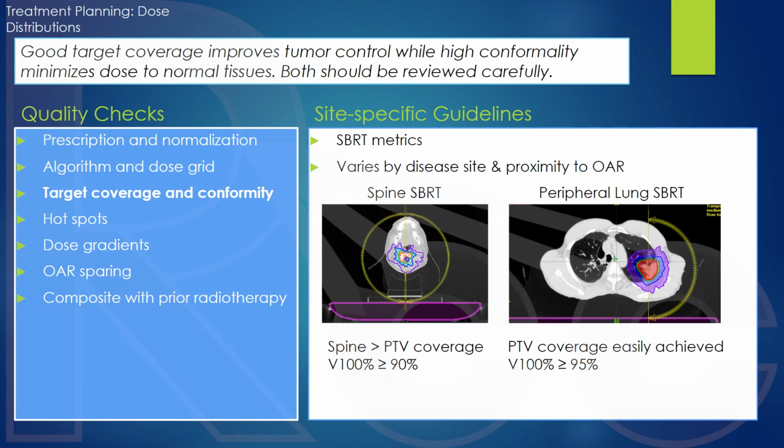Okay, good target coverage improves tumor control, while high conformality of the dose minimizes normal tissue toxicity. Both need to be reviewed carefully. Sorry, Justin, there is a follow-up question about the CI. Should they use the RTOG formula or Paddick formula? Do you have an opinion? Both of these metrics can be used for evaluating plan quality.